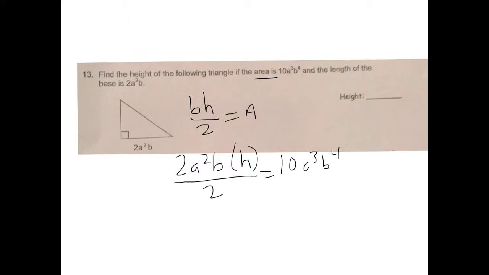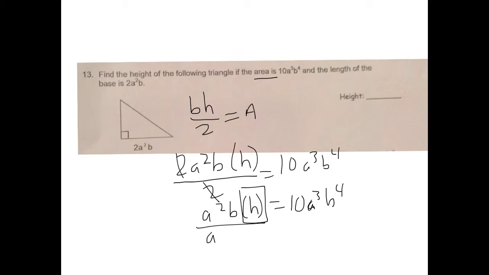So what we can do is this 2 can divide into there and just leave us with a^2b times h equals 10a^3b^4. And this is just like the equations we did earlier in the year. When it's beside it, we divide it. We're solving for h. So when it's beside it, we divide it. So I divide both sides by a^2b.